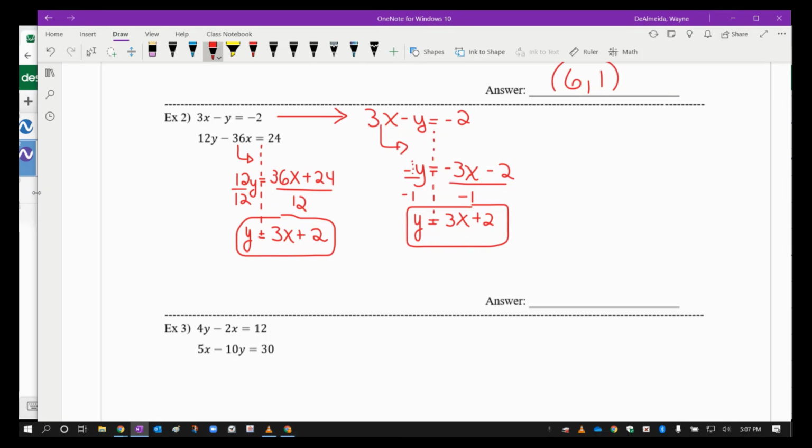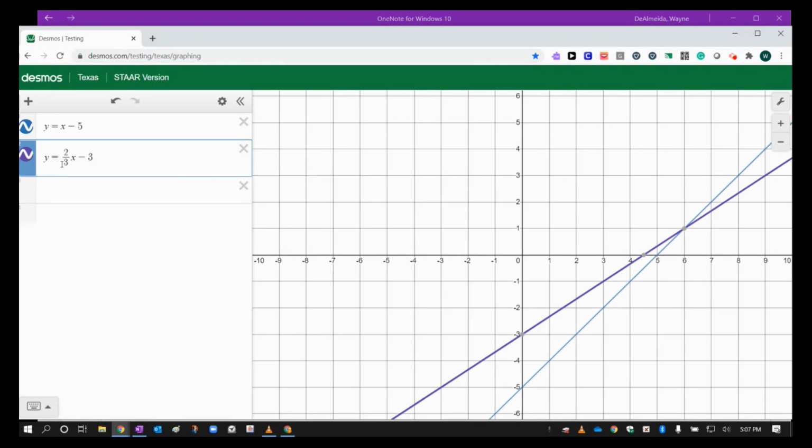So we're going to go over here, and please notice this. If I click right here, I can turn off the line. If I click it again, I turn it on. Same thing with the purple one: turn it on, turn it off.